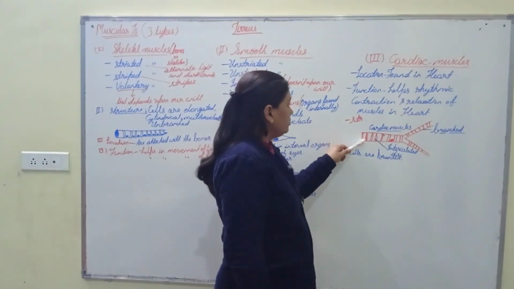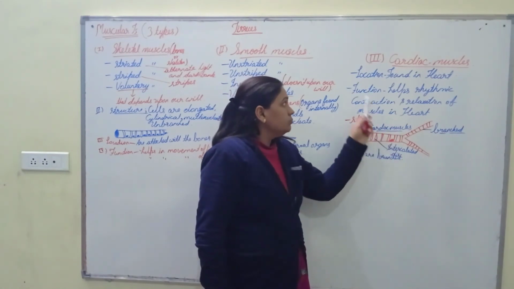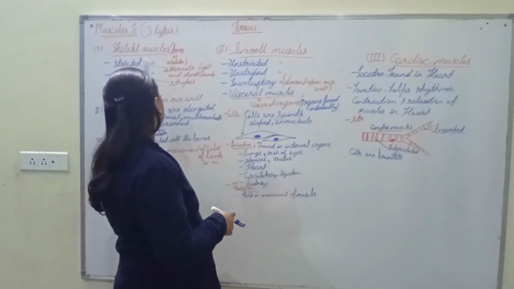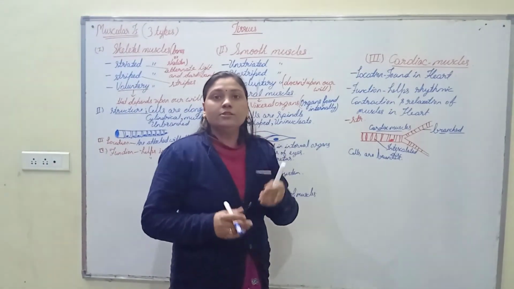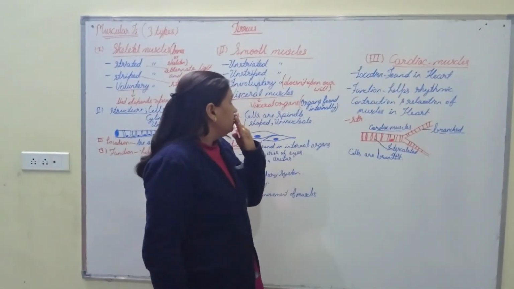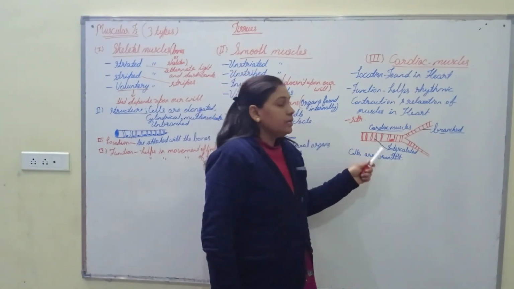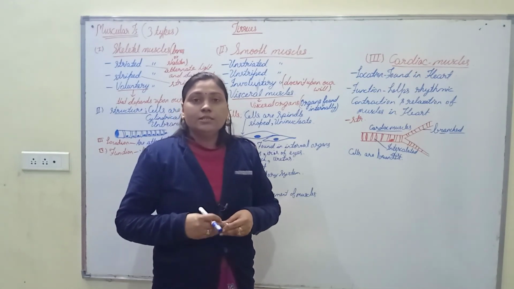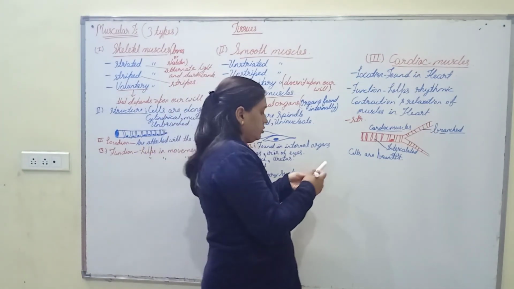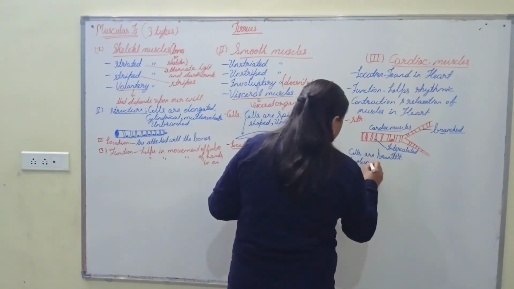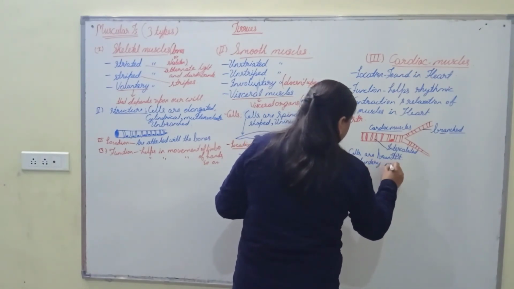And these have striations and stripes. So cardiac muscles have a few properties of skeletal muscles, because skeletal muscles also have striations and stripes, while this is an involuntary muscle. Cardiac muscles are involuntary muscles. That means these are not in our control.